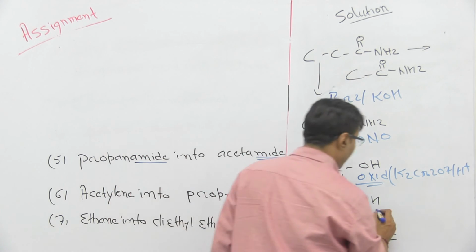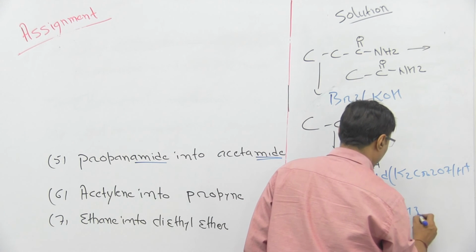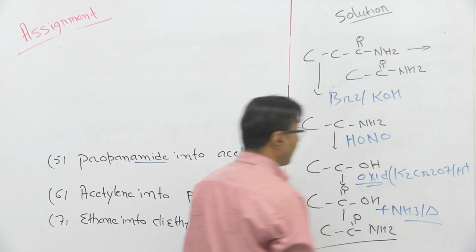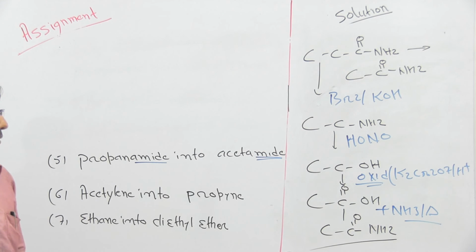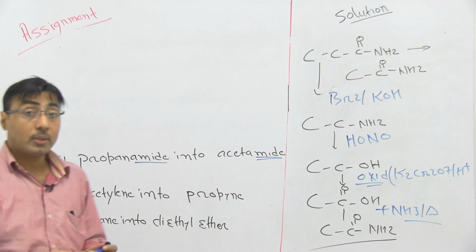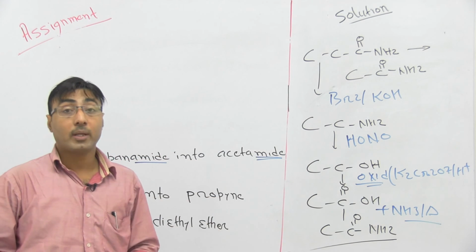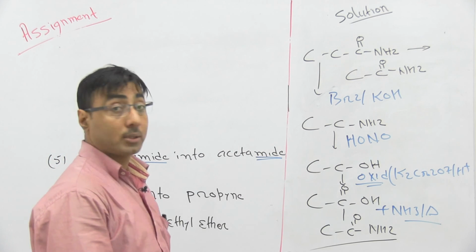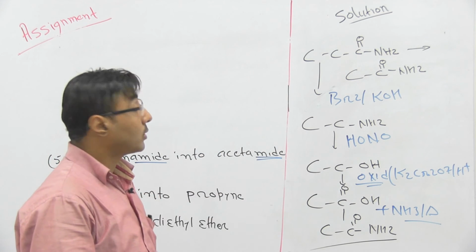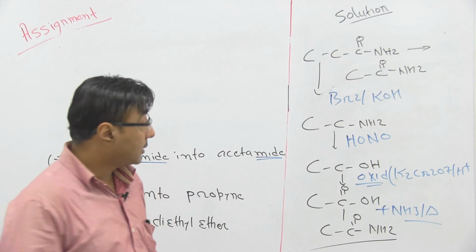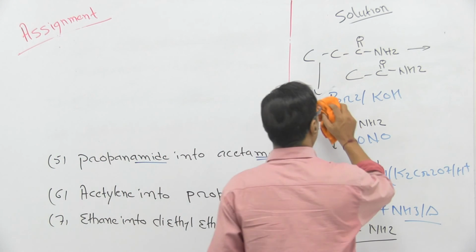And this one is ammonia in presence of heating. So this we got. This is the shorter method. We can try the decarboxylation method also. Let's try how it can be solved by the decarboxylation method.